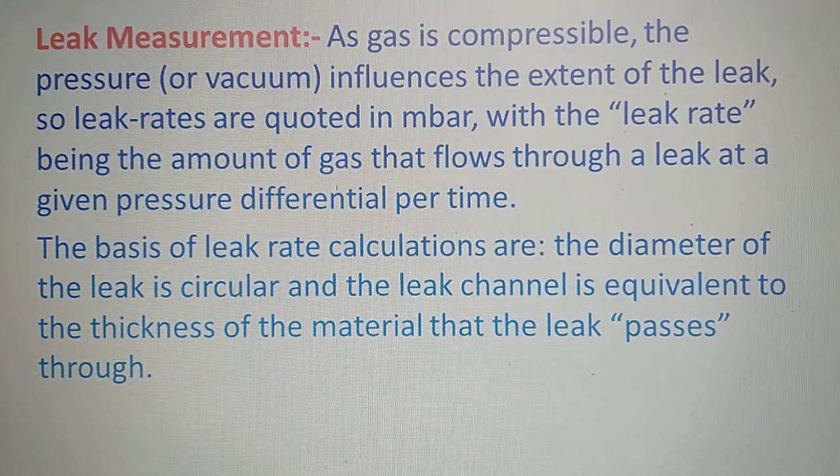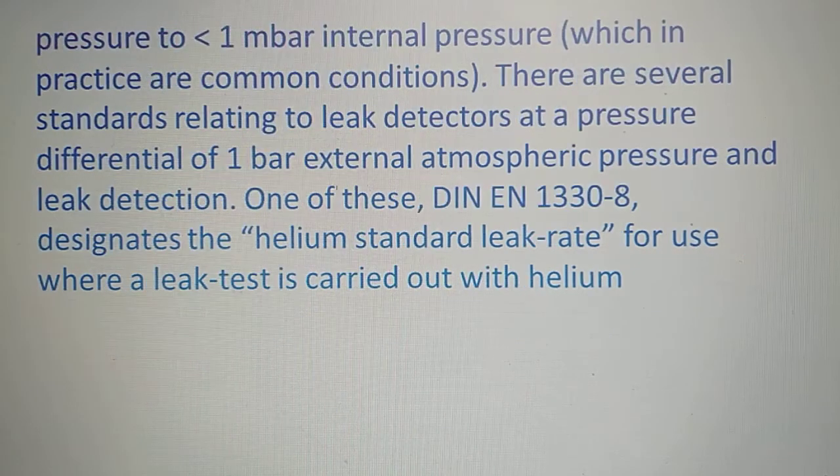The basis of leak rate calculations are: the diameter of the leak is circular and the leak channel is equivalent to the thickness of the material that the leak passes through, with the pressure at less than 1 millibar internal pressure.